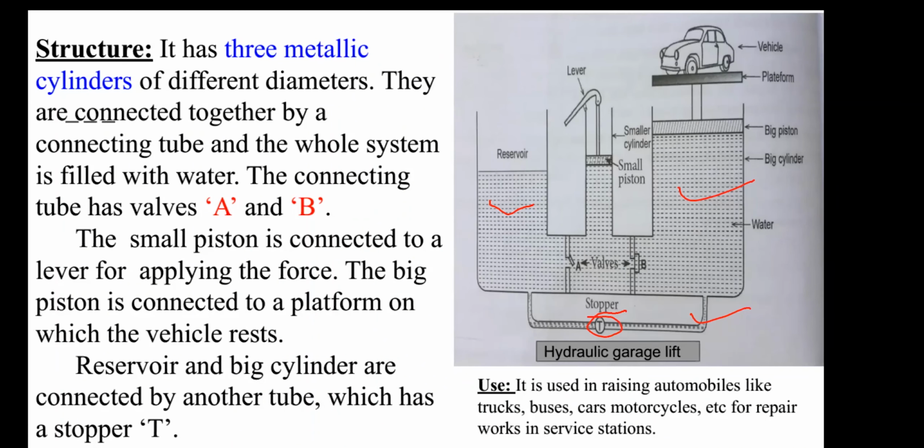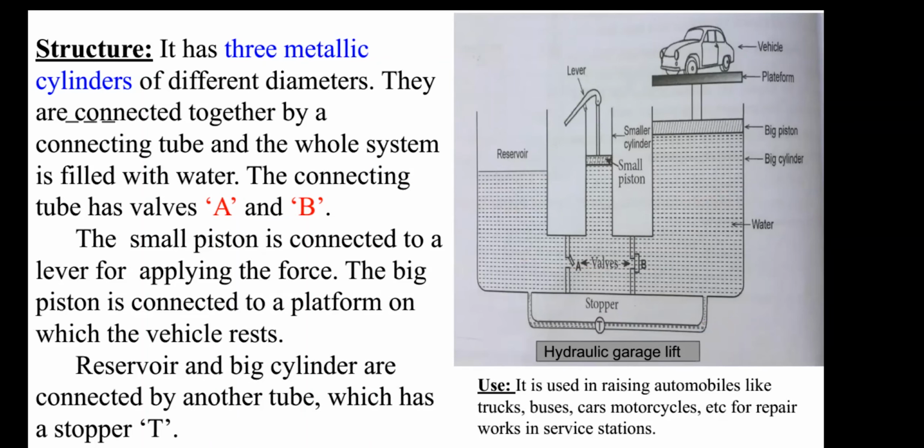So structurally, what can we say in short? The garage lift has three metallic cylinders connected by a connective tube, and two of these cylinders are fitted with pistons, a small piston and a big piston. All the cylinders are connected by a connective tube which has valves A and B. Then the reservoir and big cylinder are further connected with a tube which has a tap, or stopper, on it.